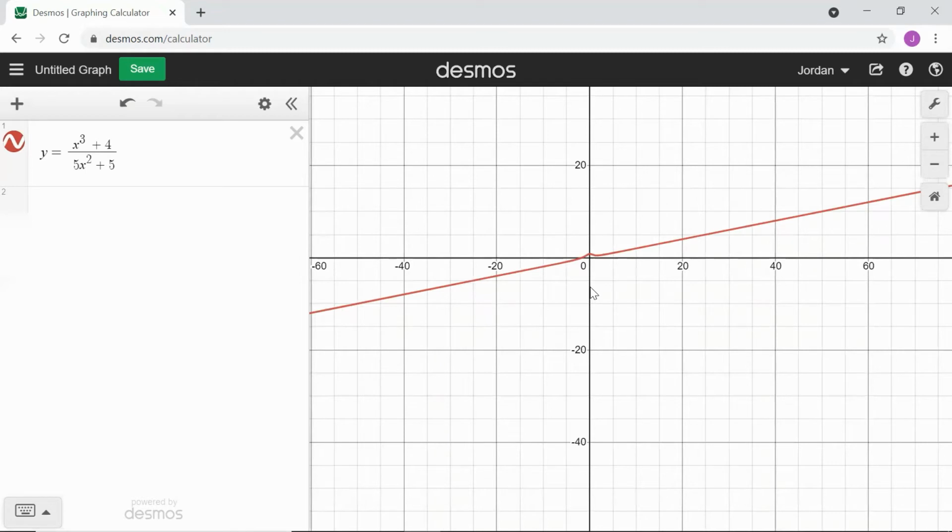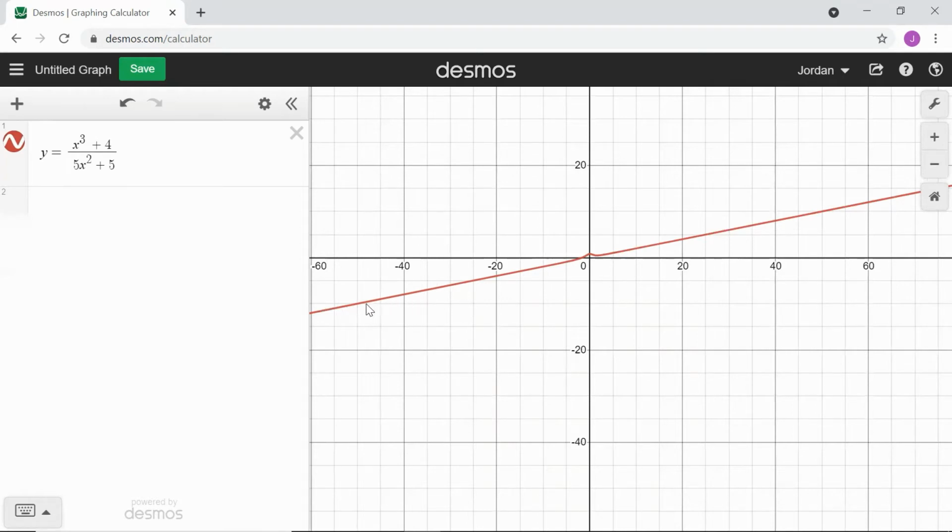So what does that mean for our limits? Well, it means that as x goes to infinity, the function's value is also going to infinity. Remember that going to infinity is the concept of getting bigger and bigger and bigger. The same thing for negative infinity.